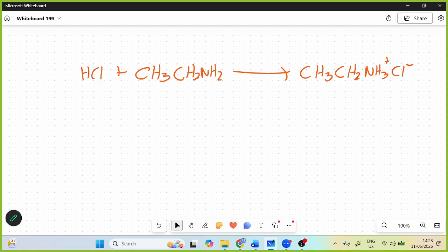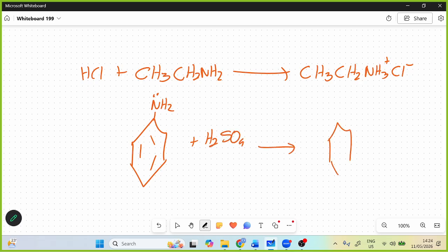Now, phenylamine would need a very strong acid to actually form the salt, simply because it doesn't really want to be protonated.